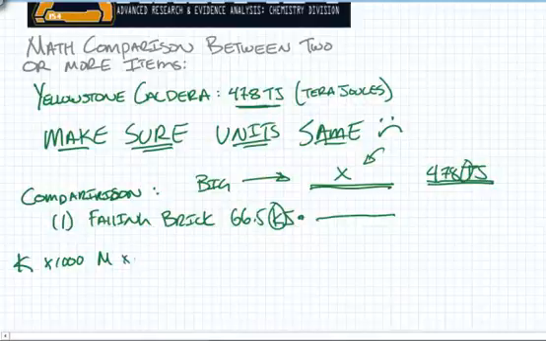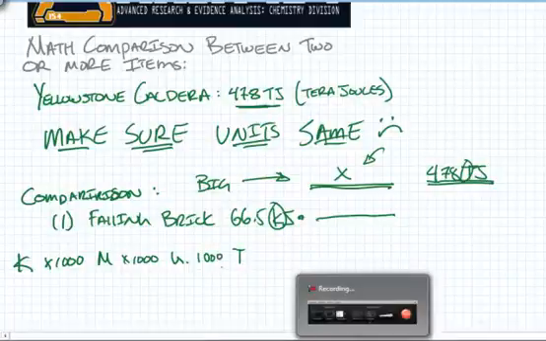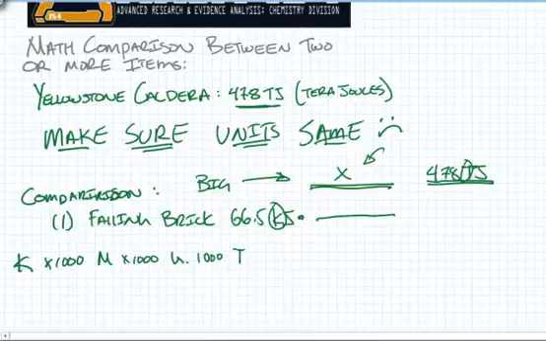And a mega is 1,000 times smaller than a giga. And a giga was 1,000 times smaller than tera. So what we can do here is multiply tera by the same number of zeros that gets us down to kilo. In this case, there's, let's see, 9 zeros. So that's about 1 billion.